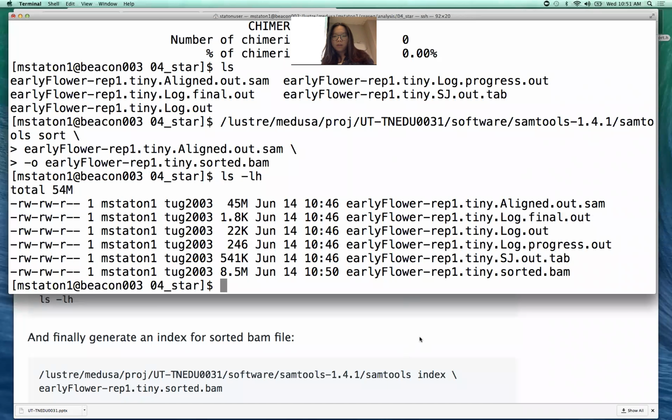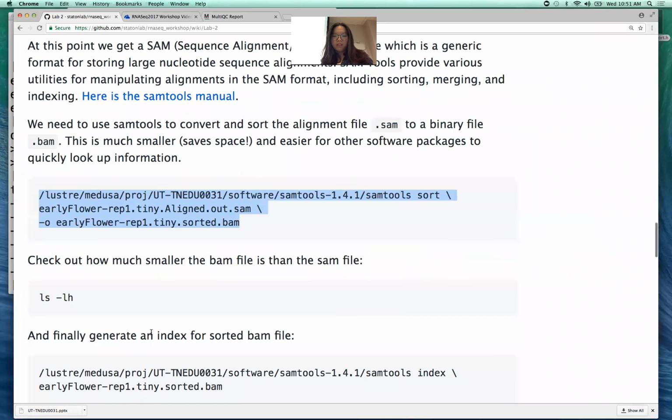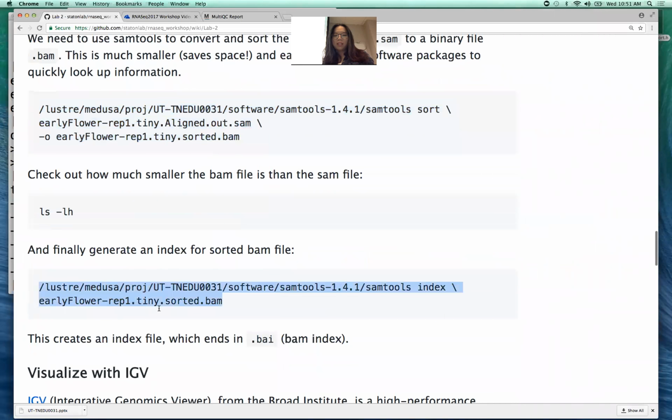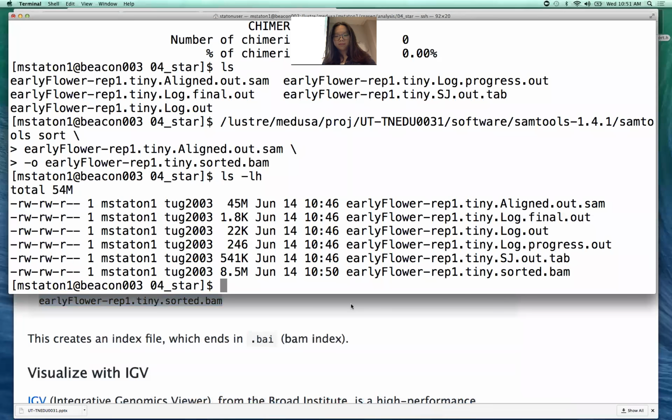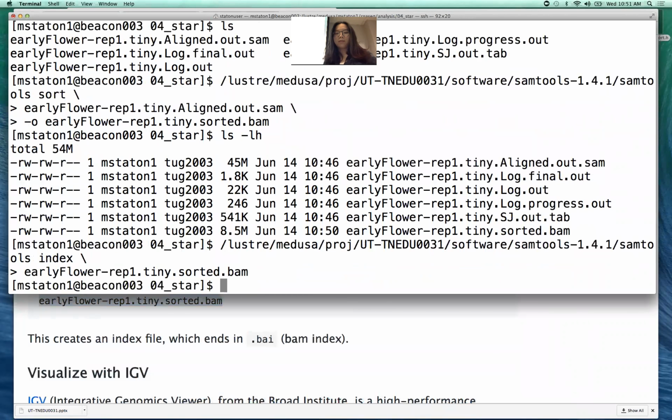So we will run this command. Let's copy it. And SAMtools index will generate an index for the BAM. We will later use this BAM and BAM index to put in IGV to visualize our alignment.